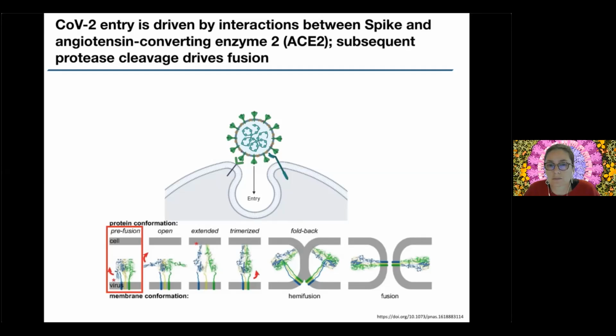So protease cleavage that we talked about then causes the receptor binding subunit to move out of the way, and that unclamps the fusion subunit so that it can then form a pre-hairpin that is embedded into the target membrane of the cell.